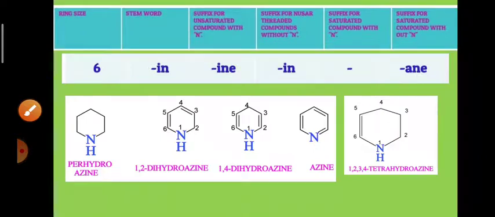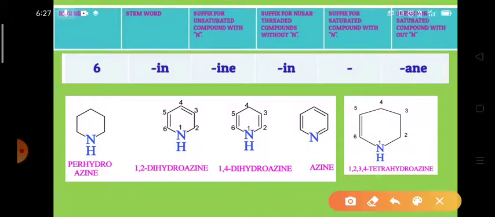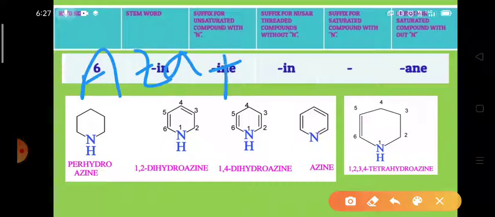And here we can see some compounds of nitrogen with ring size 6. So as the heteroatom is nitrogen, we have to use the word aza, and for the 6 member ring we would use ine. So we have to follow this word, this and this.